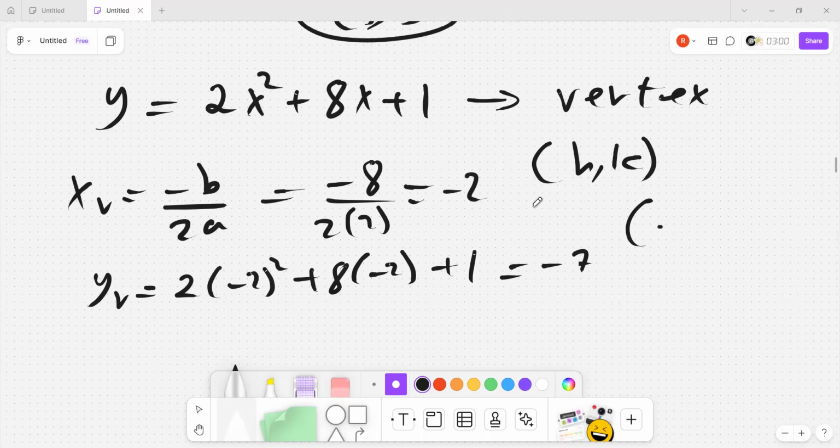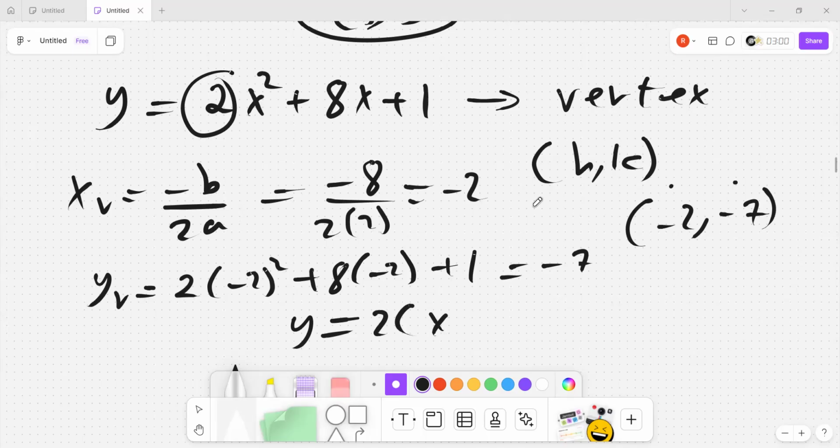So our vertex will be negative 2 and negative 7. This is h, this is k. So y equal a, the vertex form: our a is 2, and x. h here is negative 2, so we will write plus 2 because we said the opposite sign, squared. And then our k we take as it is, minus 7. That's it.